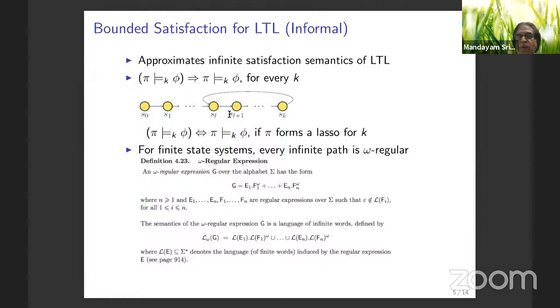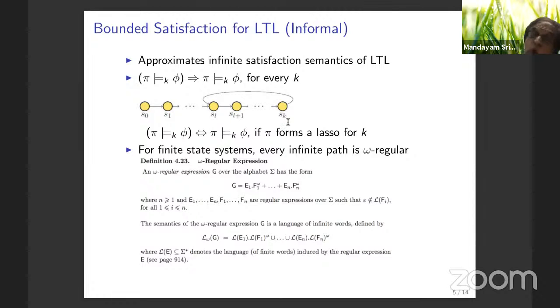And this path is considered equivalent to S0 to SL minus 1, followed by SL to SK repeated forever. So the infinite path constructed from a lasso is assumed to be omega repetitions, that is infinite repetition, from SL to SK.